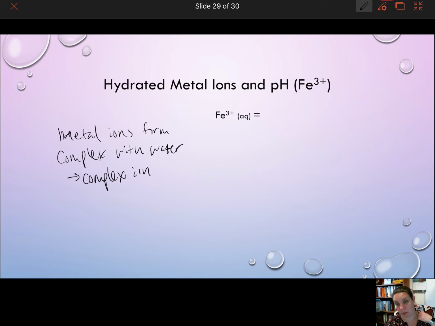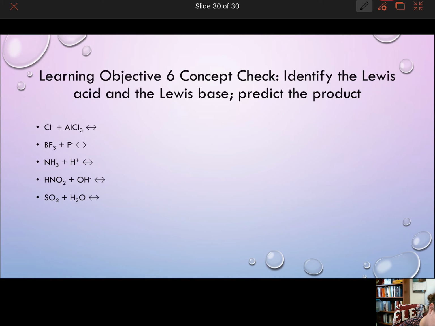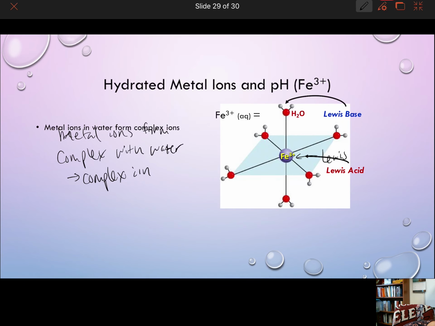It's going to be highly soluble, and it's going to contain a Lewis acid and Lewis base. So something like this, where we have our Fe3+ in the center. That is our Lewis acid. And then our Lewis base, the water's around it, and it will react with water and produce hydronium. We have something like this, the iron hexahydro species with the 3+ charge.